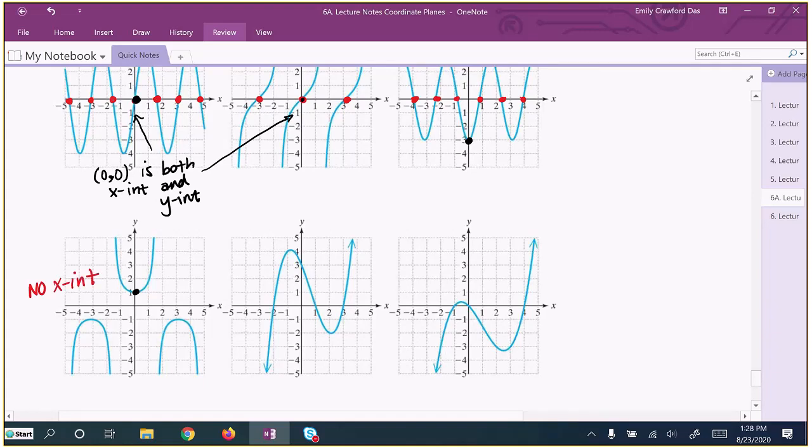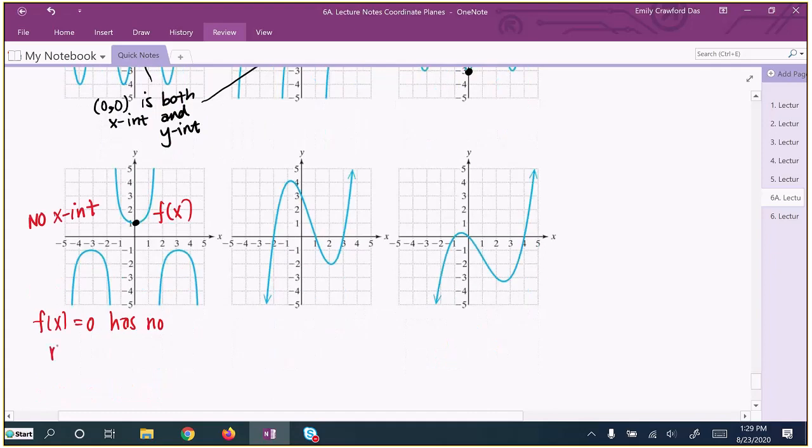That means, in terms of our function notation, if this is the graph of f of x, that f of x equals 0 has no real solutions. If this is the case, then you'll have a graph which never crosses the x-axis.